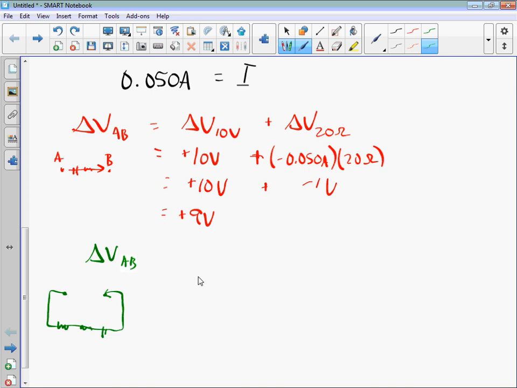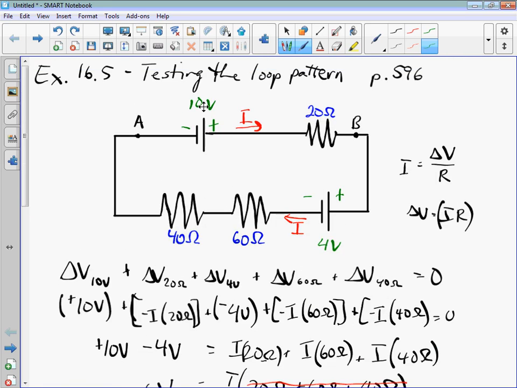So, change in voltage from A to B is going to be the change in voltage across the 40 ohm resistor plus the change in voltage across the 60 ohm resistor plus the change in voltage across that 4 volt battery that is essentially mounted backwards. It's the positive current flowing this way. It has to flow through a battery that is mounted backwards.